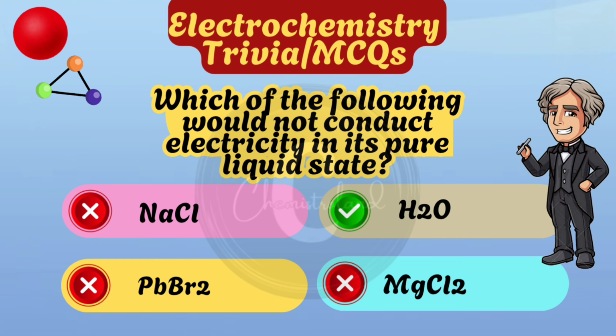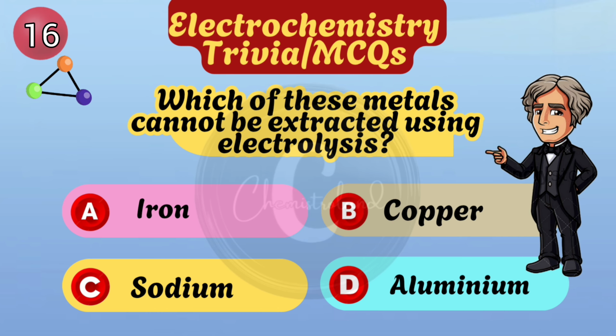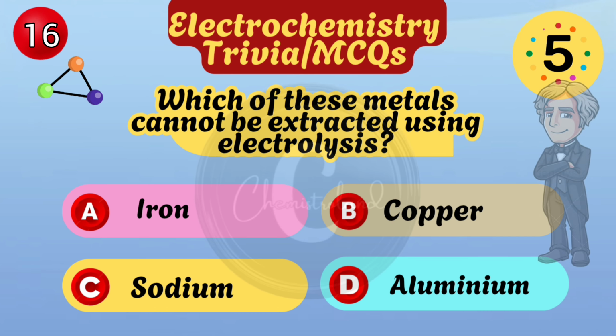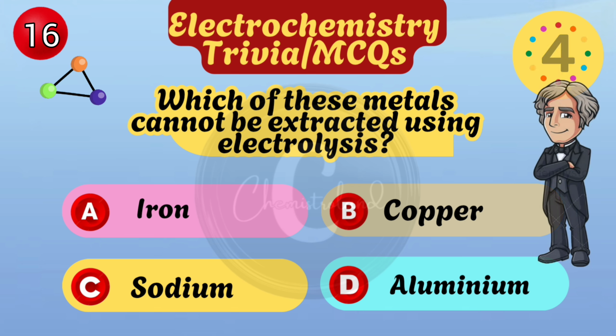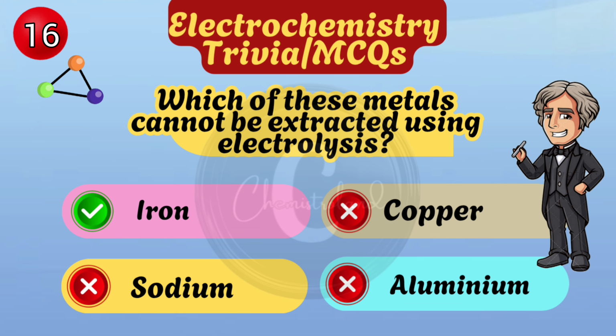H2O, water. Which of these metals cannot be extracted using electrolysis? Iron cannot be extracted using electrolysis.